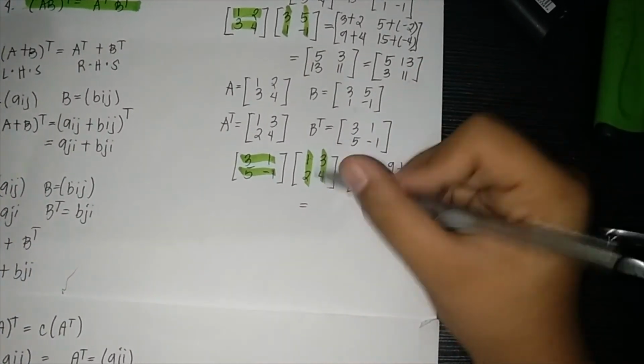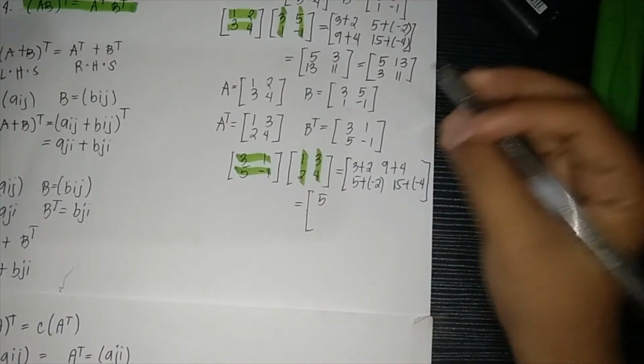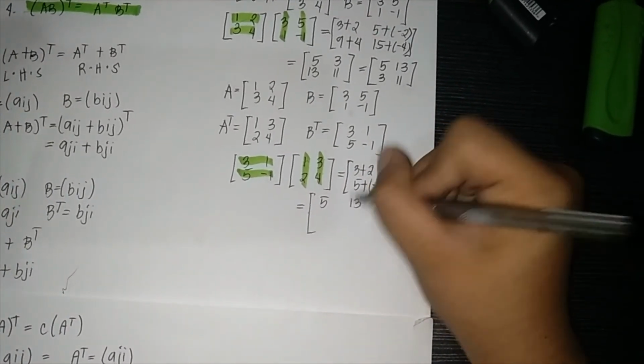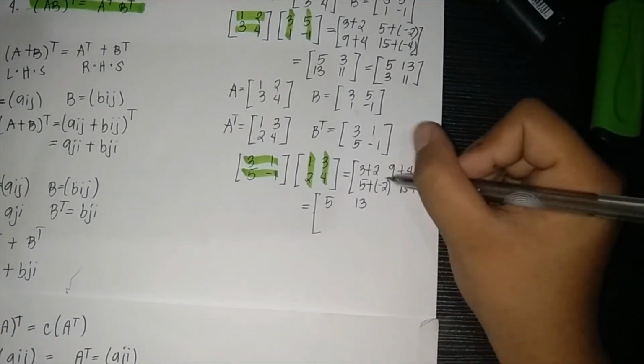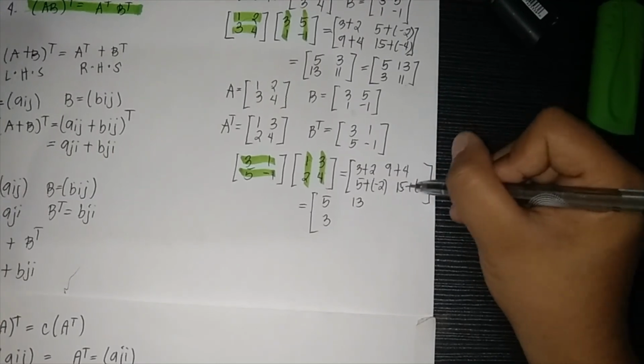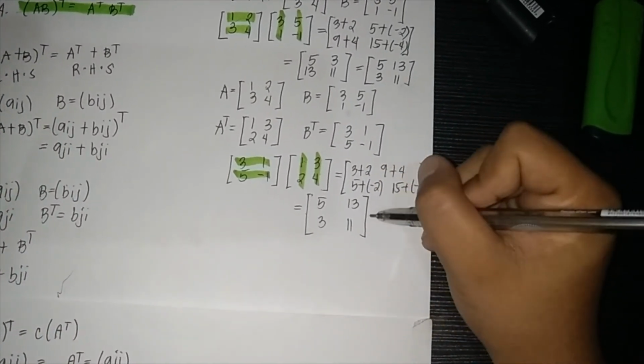So the answer is 3 plus 2, we have 5. 9 plus 4, we have 13. 5 plus negative 2, we have 3. And 15 plus negative 4, we have 11.